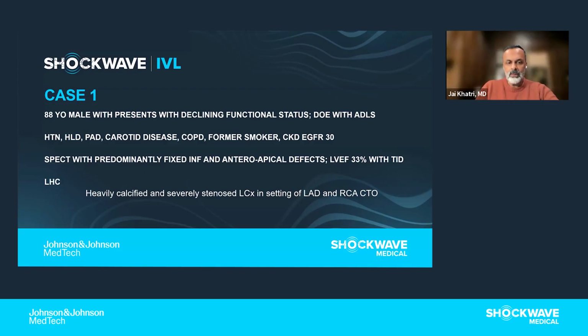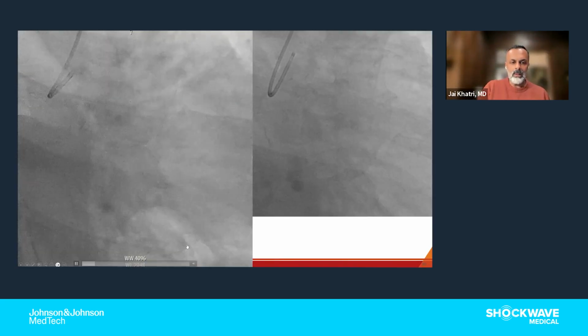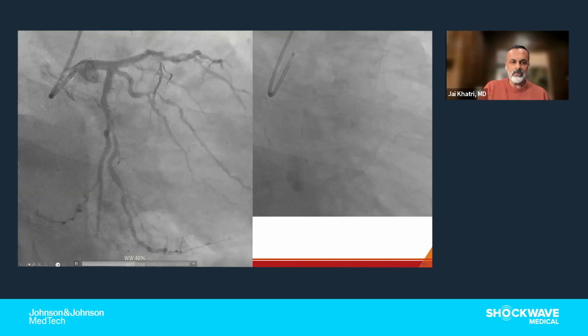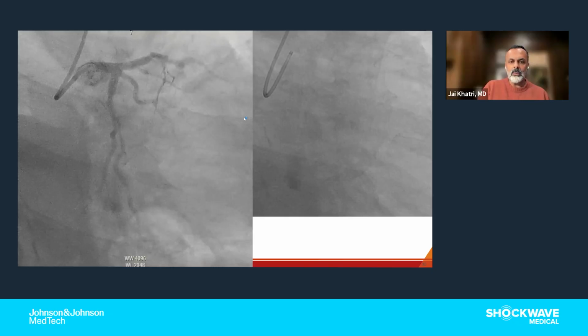And he was sent for a left heart catheterization, which shows really pretty heavily calcified and severely stenosed circumflex disease in the setting of both an LAD as well as RCA CTO. So this is his coronary angiogram. What I wanted to highlight here is that there's a substantial amount of calcium that you can see on the right panel, even without X-ray dye.